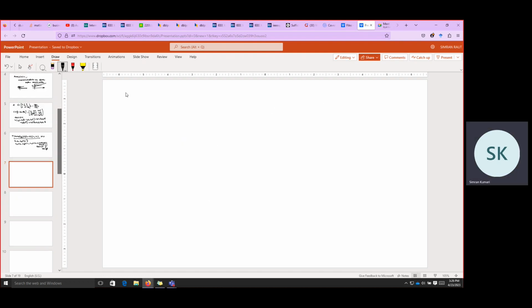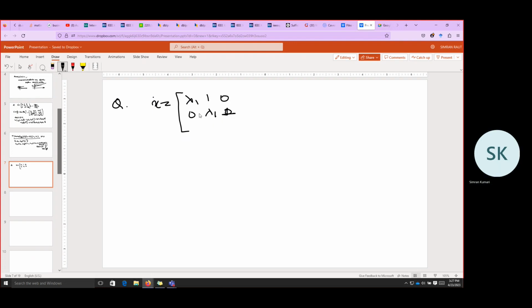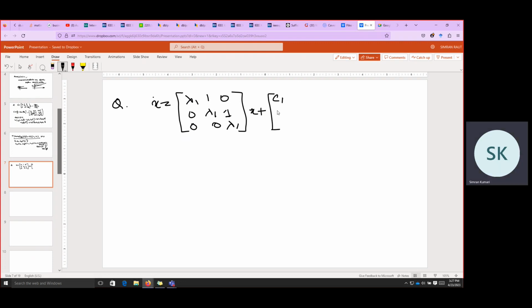Let's see a system of another form, which is in Jordan canonical form. So we have x dot equal to lambda 1, 1, 0; 0, lambda 1, 1; 0, 0, lambda 1, times x plus B, where B is C1, C2, C3.